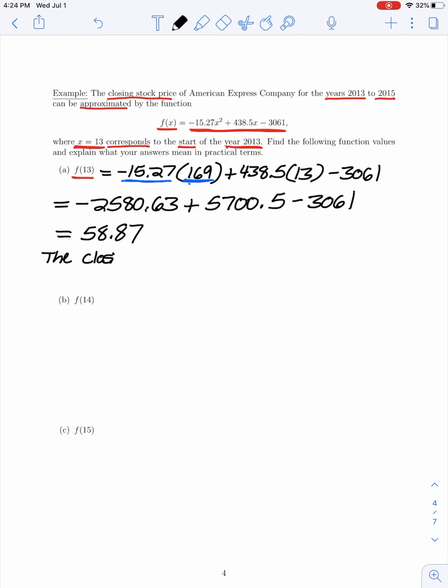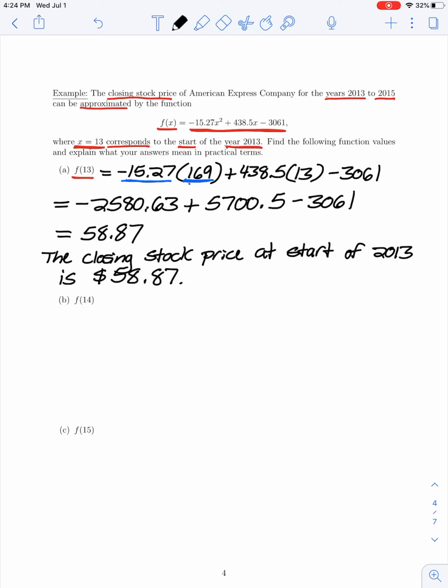The closing stock price at the start of 2013, that is when x equals 13, is the value of our function, which we found to be 58.87.